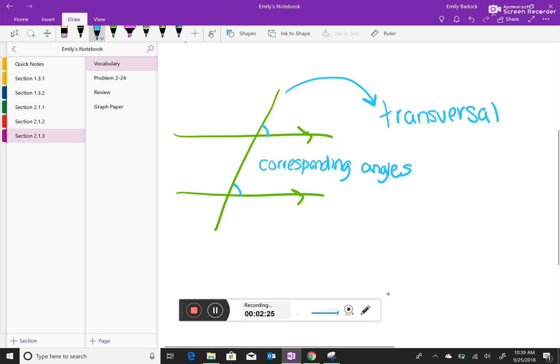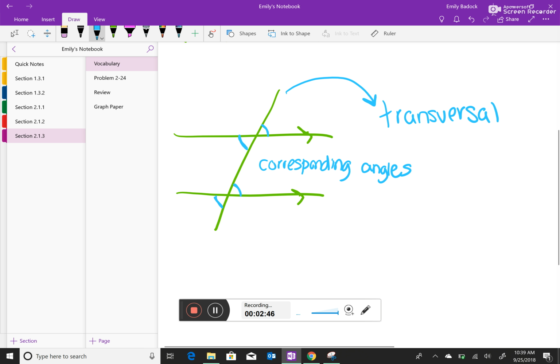But we also talked about how this blue angle is equal to this blue angle and how this blue angle is equal to that blue angle. So we covered all of that in our class on Tuesday, and all those blue angles would be considered congruent.